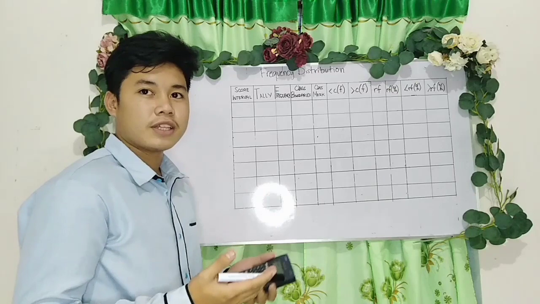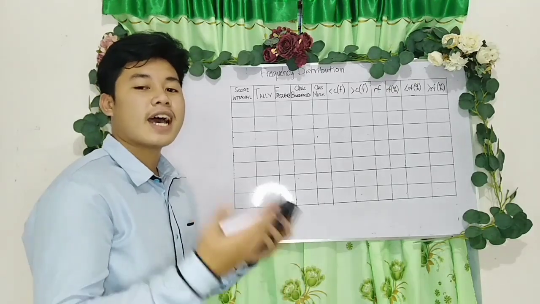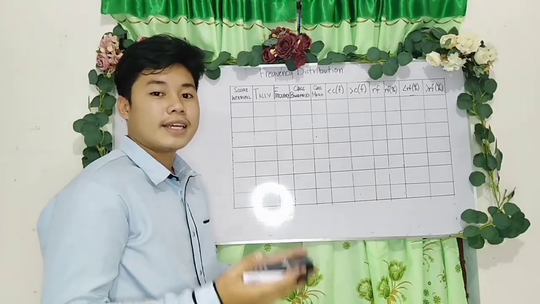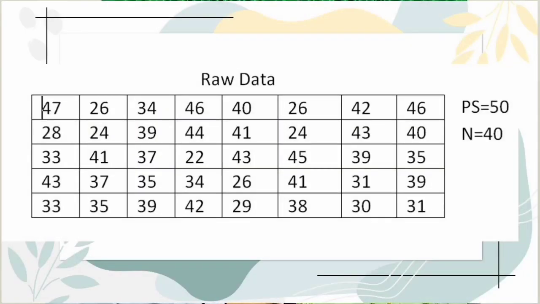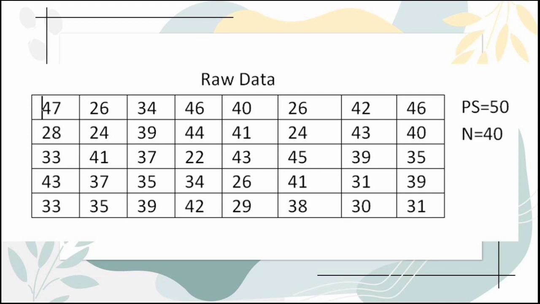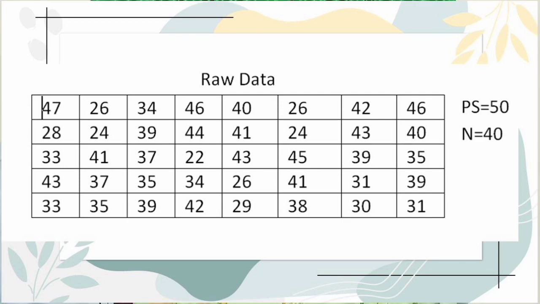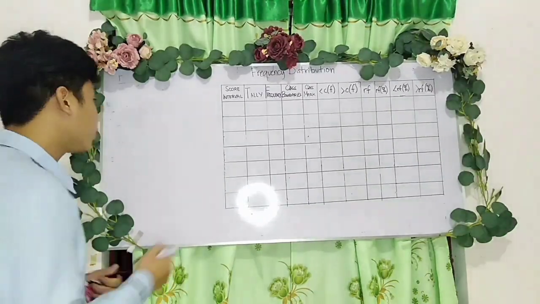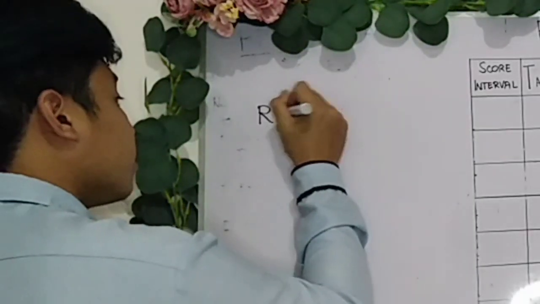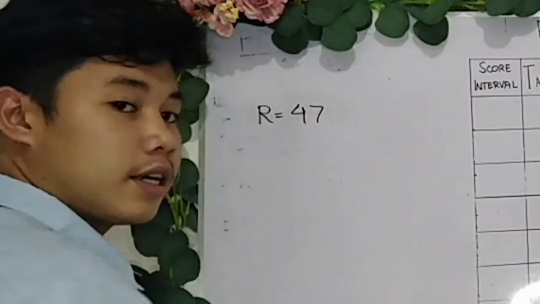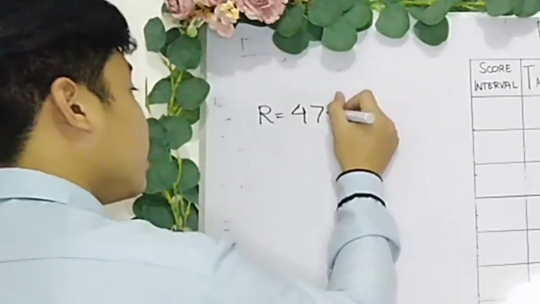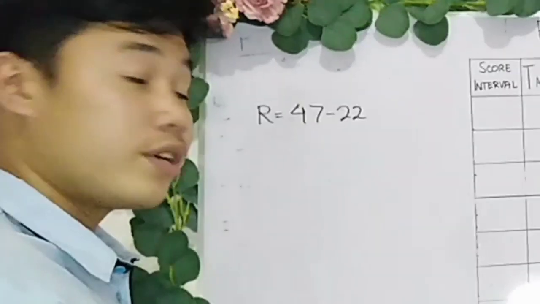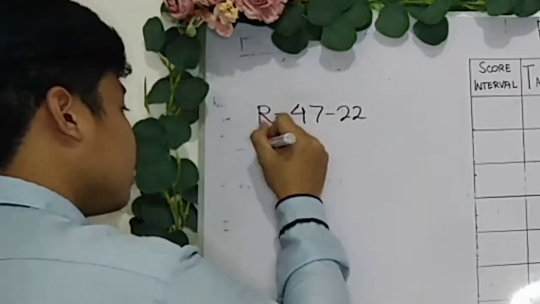To further illustrate our lesson for today, let us have another example. Let us refer to our raw data that is being flashed on our screen. Following the steps, we will first determine the range. Now, since our highest score is 47 and our lowest score is 22, we need to subtract them to get our range.